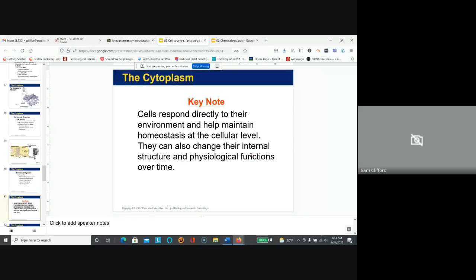The cells are constantly regulating the pH and many substances are made by cells, taken in and released.